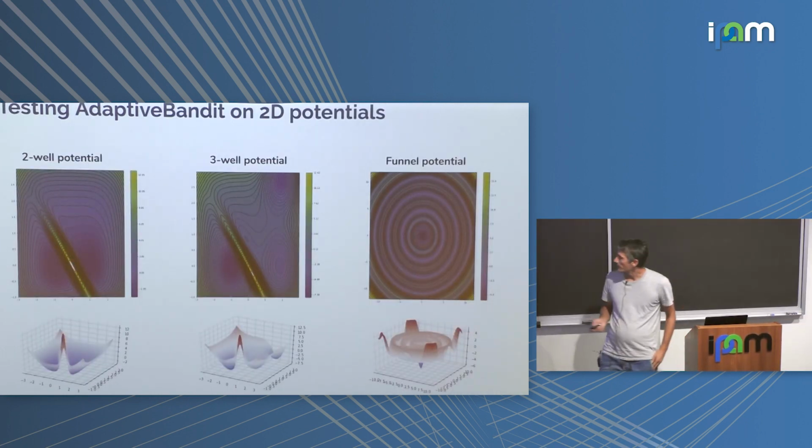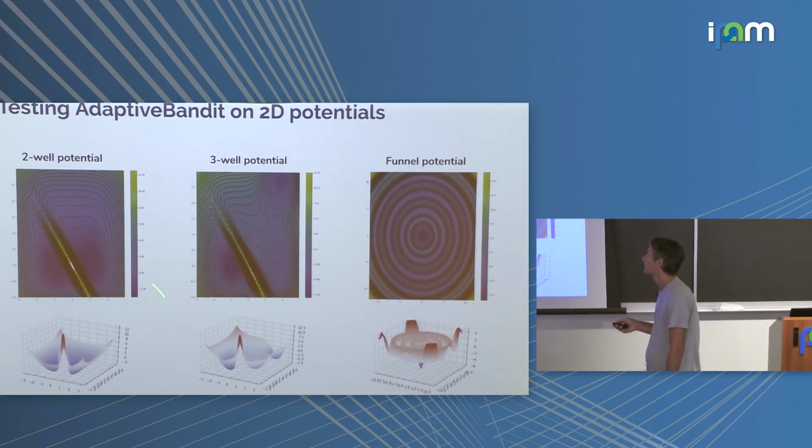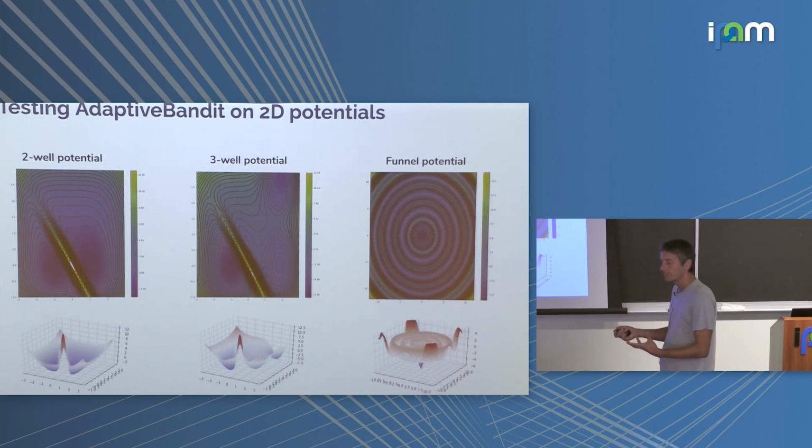And so we defined 3 potentials, but actually then we studied only 2. The reason was that there is an optimal way to explore in adaptive sampling, which is just sampling proportionate to 1 over the number of samples that you have for a given cluster, and that is one of our baselines.